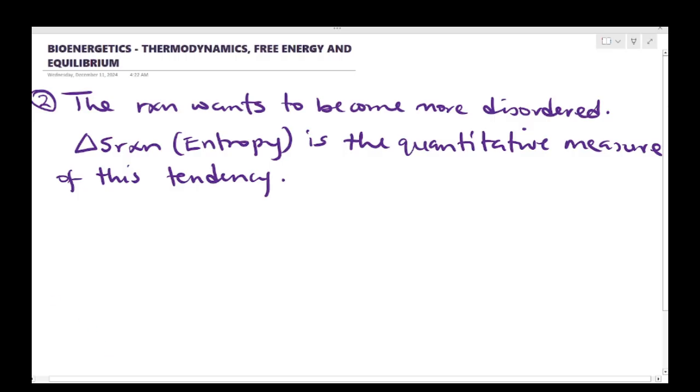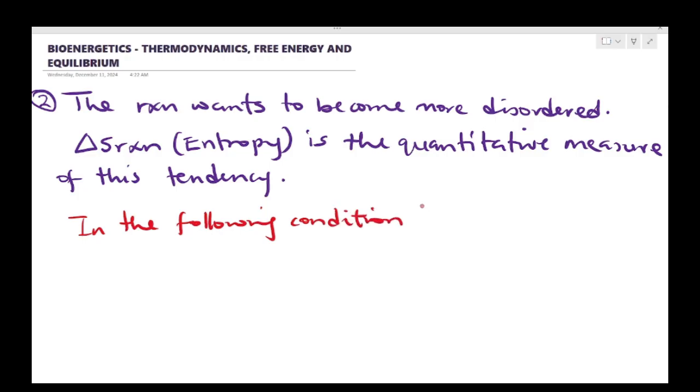So the different conditions and how they behave. In the following conditions, we are looking at how the enthalpy, delta H, and the entropy, delta S, behave.